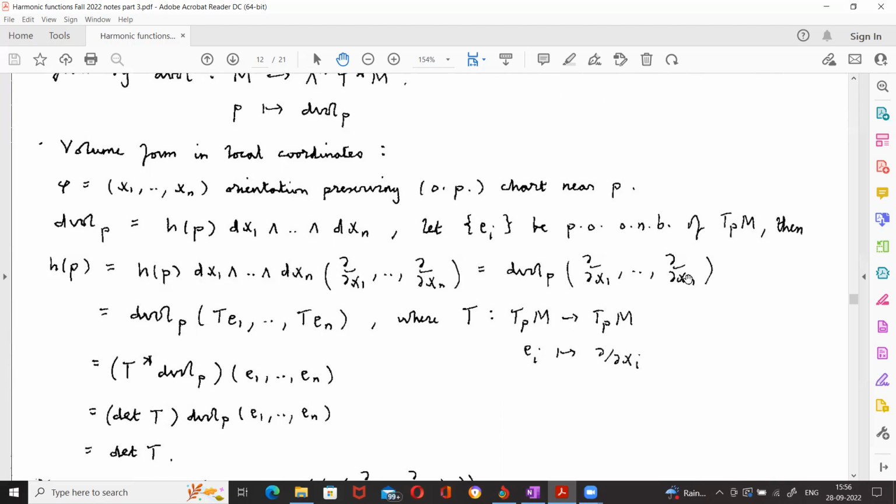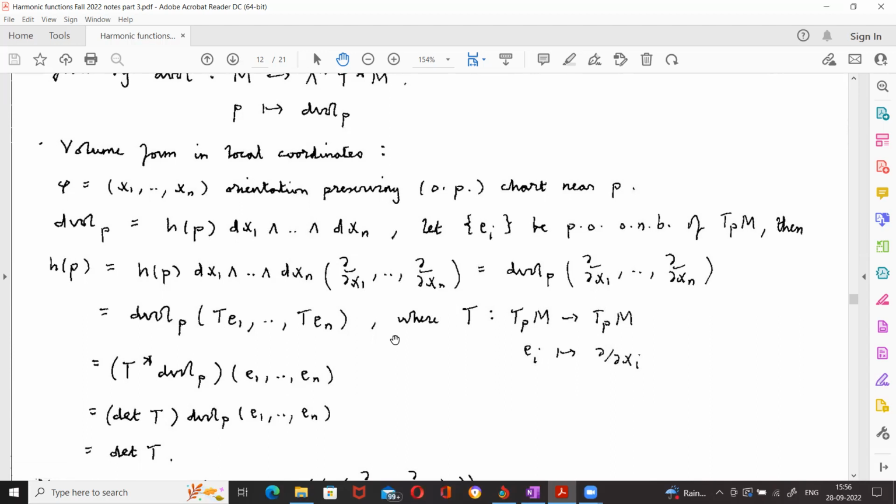Let T be the unique linear map from the tangent space to itself which sends the orthonormal basis e_i to the basis del del xi. Then this I can write as dvol P of Te1 up to Ten, and this is nothing but T star dvol of e1 to en.